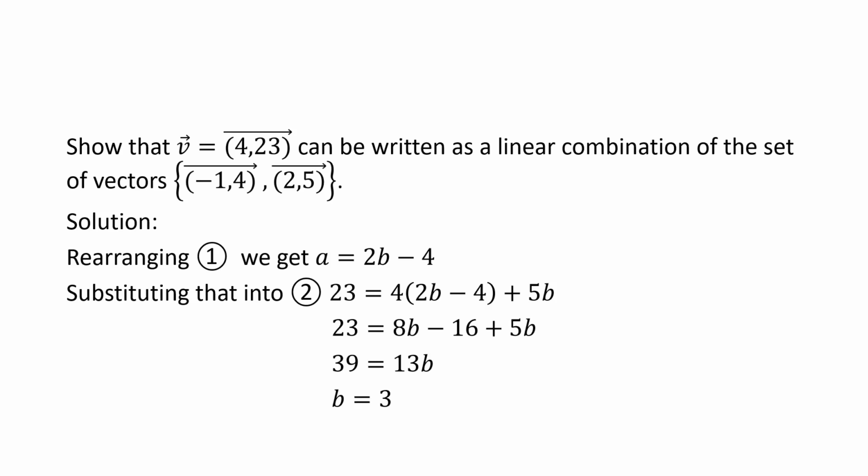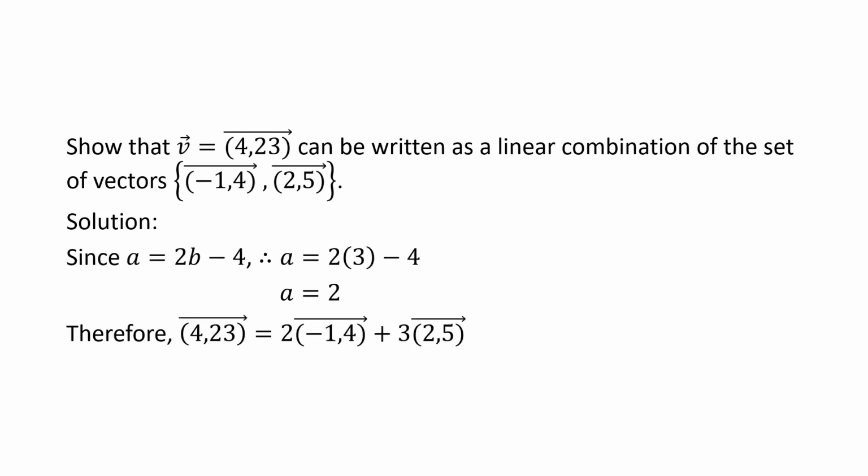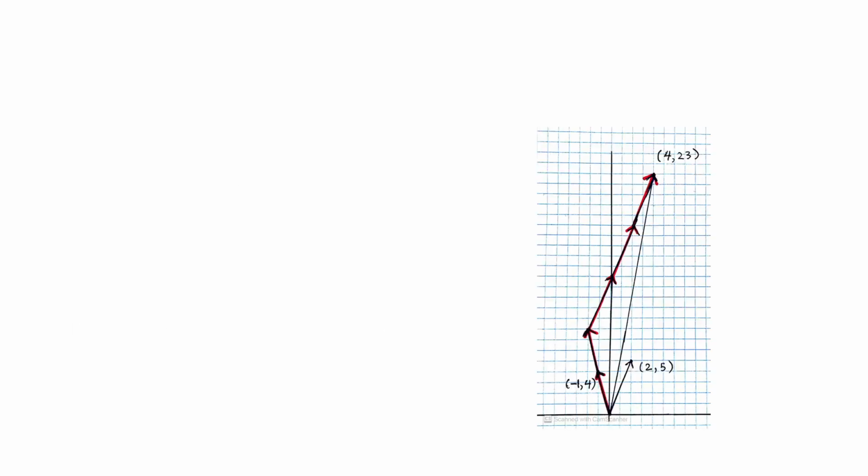Distributing the 4, we get 23 is 8b minus 16 plus 5b, or in other words, 39 is 13b, or in other words, b equals 3. Since a is 2b minus 4 and b is 3, that would mean a is 2, which would mean that (4, 23) can be written as 2 times (-1, 4) plus 3 times (2, 5). In other words, (4, 23) is written as a linear combination of (-1, 4) and (2, 5).